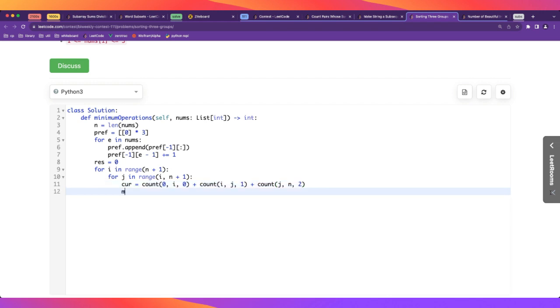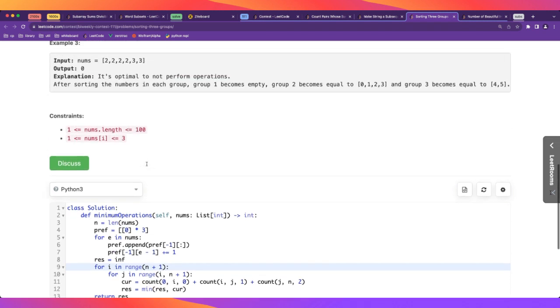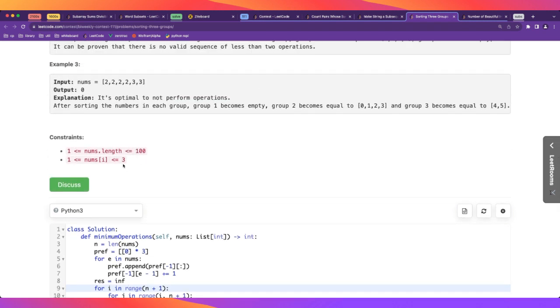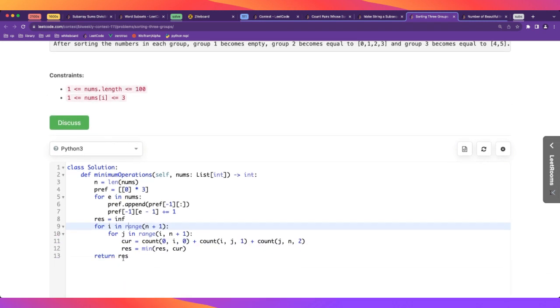Then we just want to minimize, so this should be initially infinity, and this is going to always have a possible value, so it doesn't matter. Yeah, I guess we could do this in a more Pythonic way.